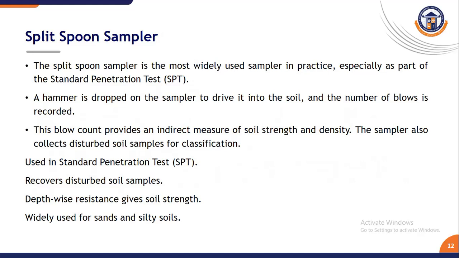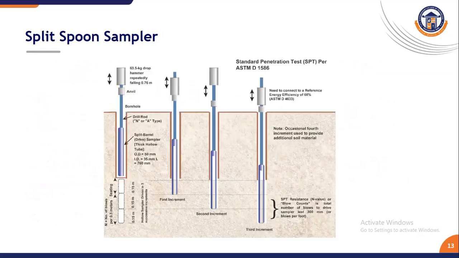The sampler also collects disturbed soil samples for classification, and it is widely used for sand and silty soil. Depth-wise resistance gives soil strength. These are the images for your reference for collecting samples using the split spoon sampler.